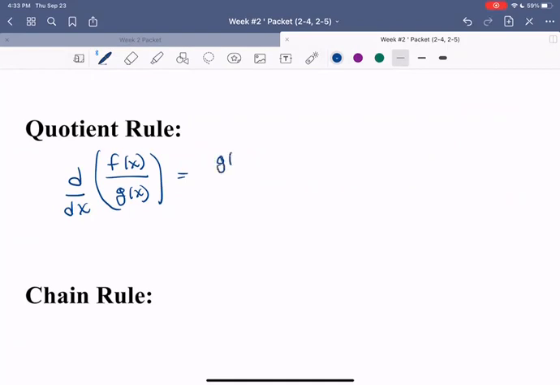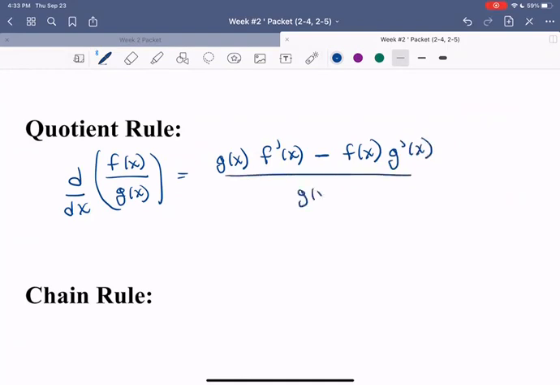I have the denominator function, g of x, times the derivative of the function in the numerator. Then I have a minus the function in the numerator times the derivative of the function in the denominator, over the function in the denominator squared.